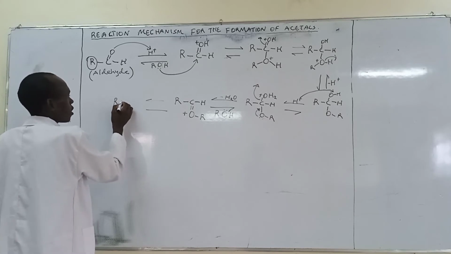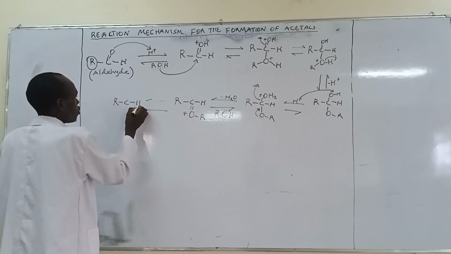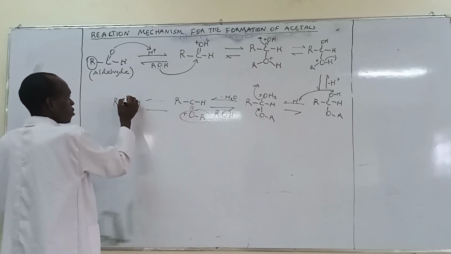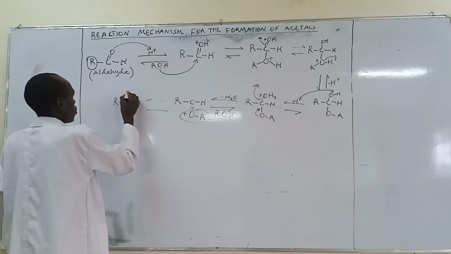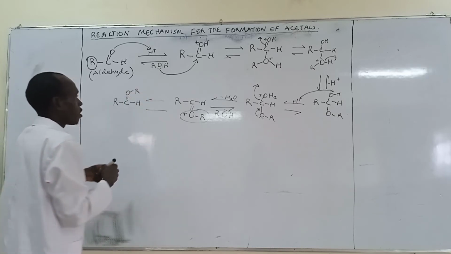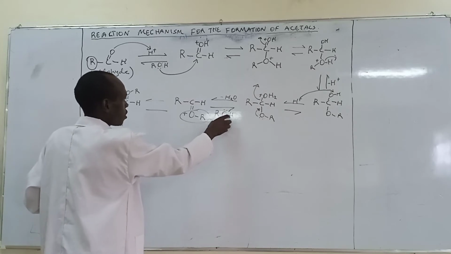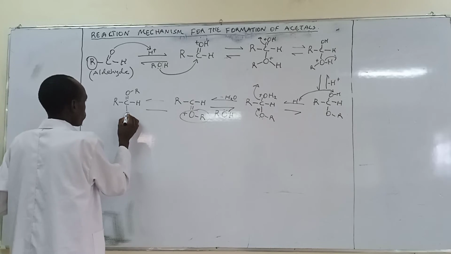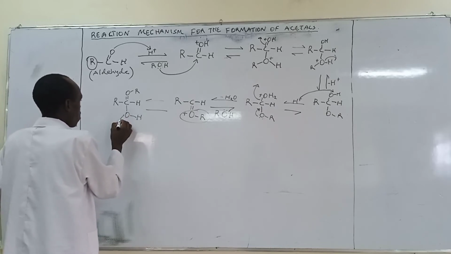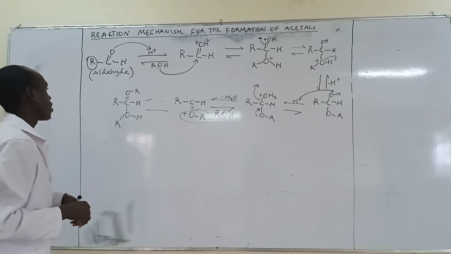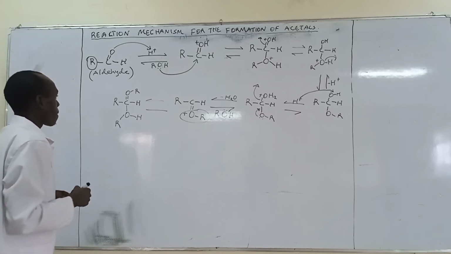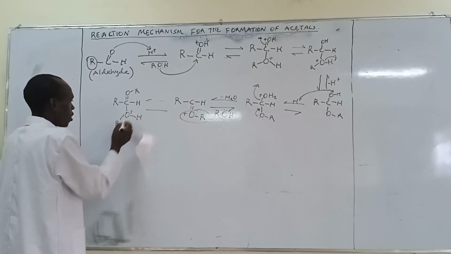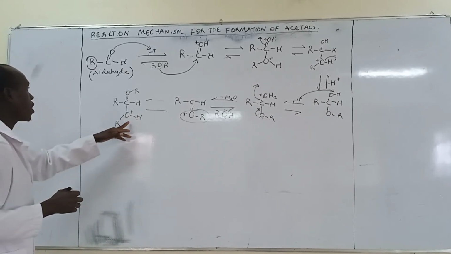So we have R, then C, then H. Let me write this group on top here, so that we have this O, then R, so that this alcohol group gets attached here, so that we have our alcohol there. So you realize here, these are 3 bonds. So our oxygen has acquired another positive charge.